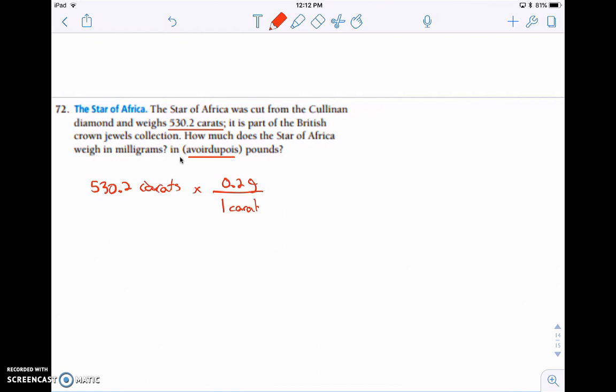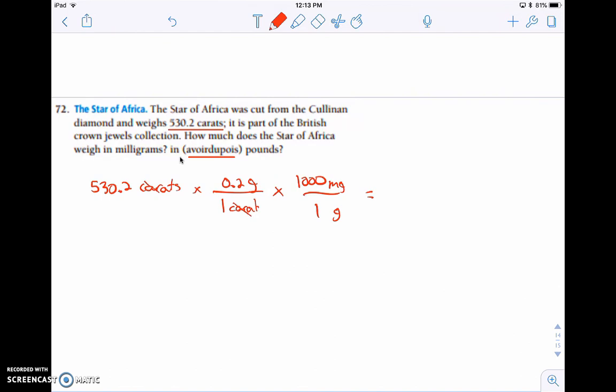And so that'll cancel out our carats. And now we need to go from grams to milligrams. And this is where we use the metric conversion. And in that metric conversion, we would have 1,000 milligrams is equivalent to 1 gram.